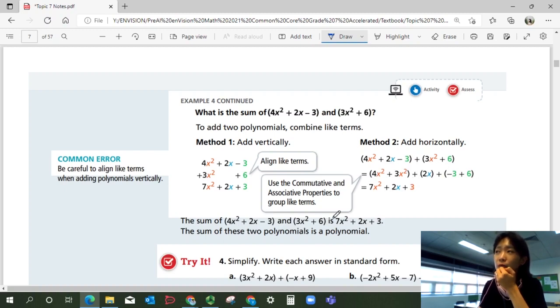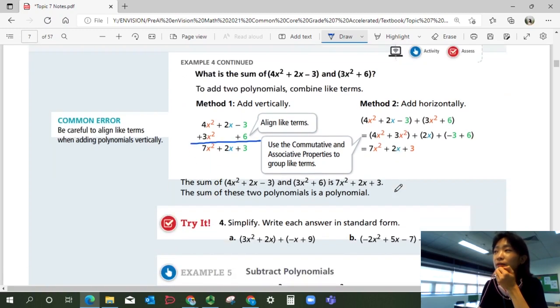Vertically, horizontally, it does not matter as long as you have the right answer and you follow the same properties. Let's look at try number 4. You're going to simplify, write each answer in standard form. Please pause the video, come back when you're ready for answers.